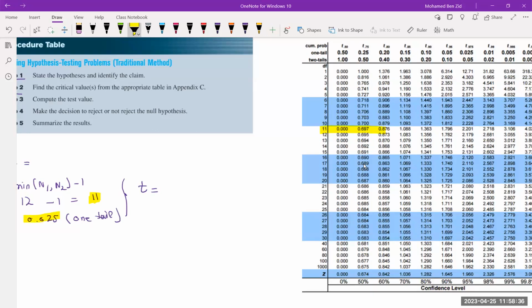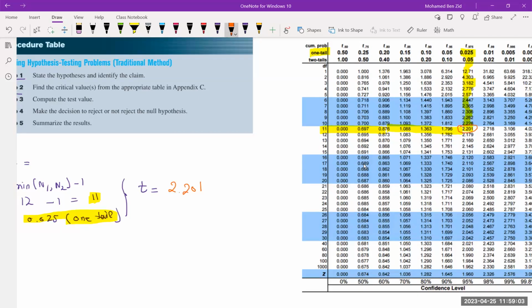And then we have 0.05, one tail. So one tail is right here. Locate 0.025, which is the value over here. You follow this column and you extend this row, and both of them intersect at this value, 2.201.